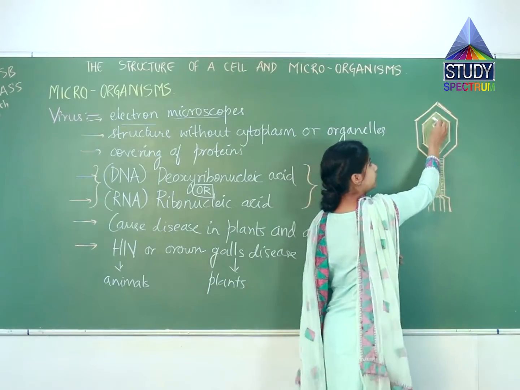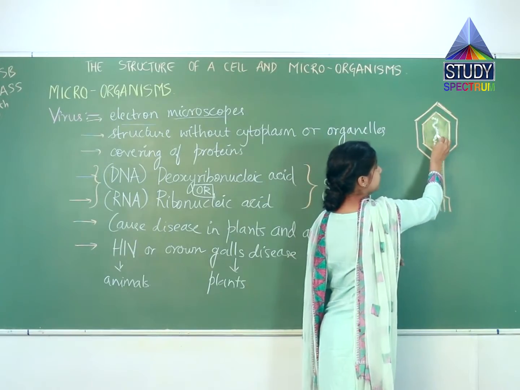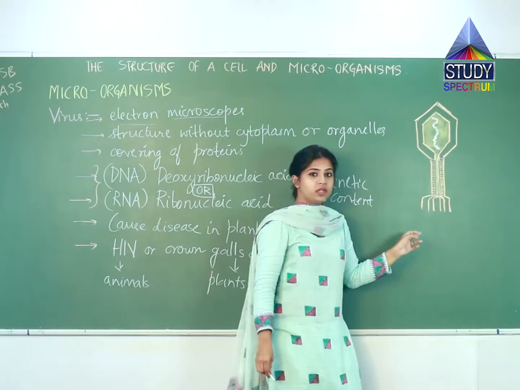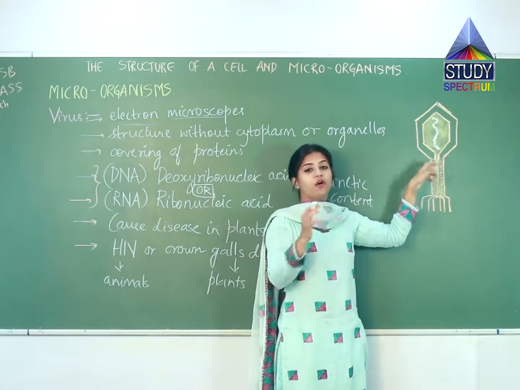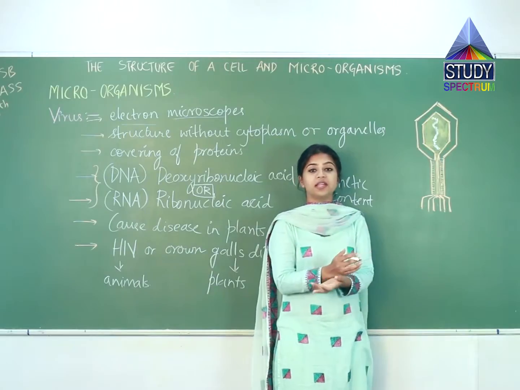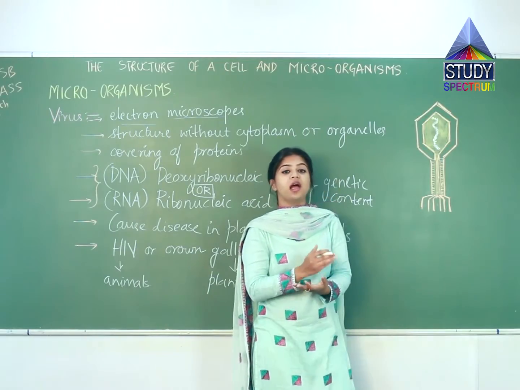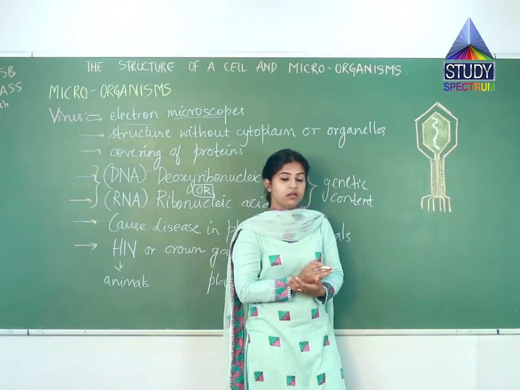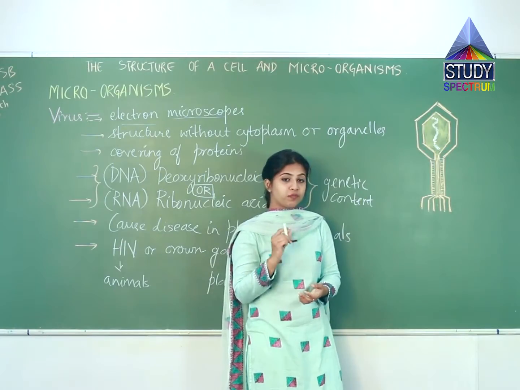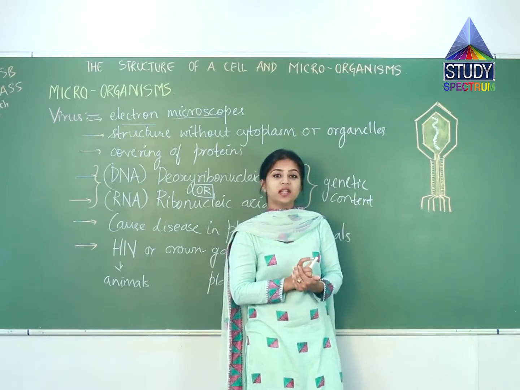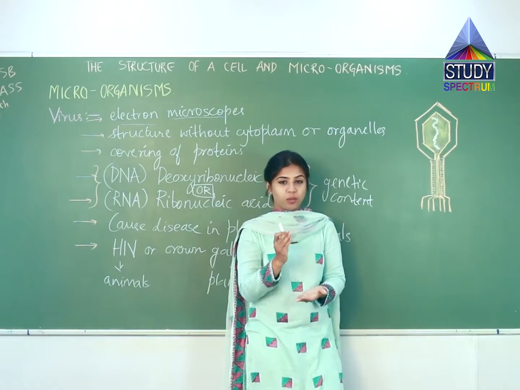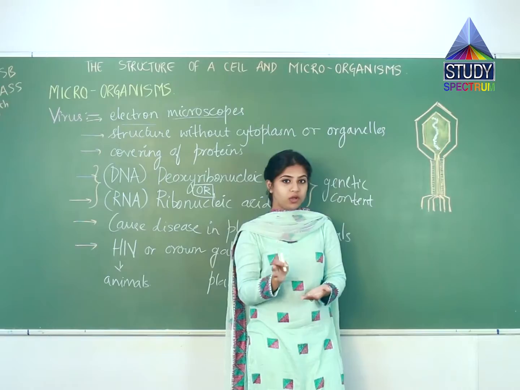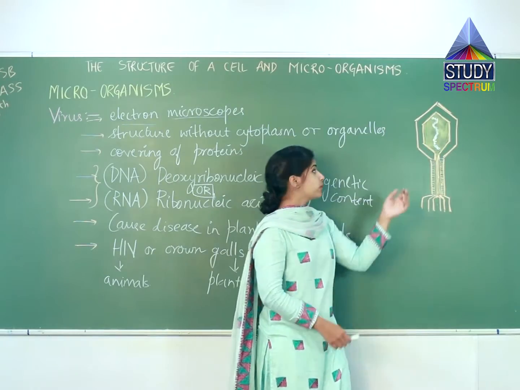So this white trail, this white strand that you watch over here, that is the DNA or the RNA of the virus that defines its virulence and defines its character. I'll explain to you what virulence was. Virulence is nothing but the amount or the capacity at which a virus can cause infection to the host.